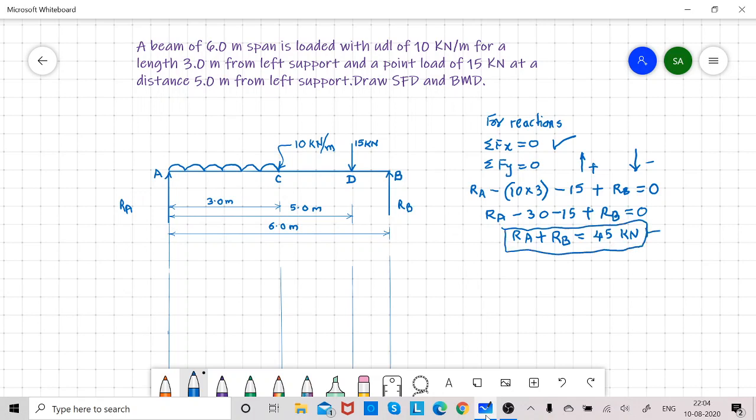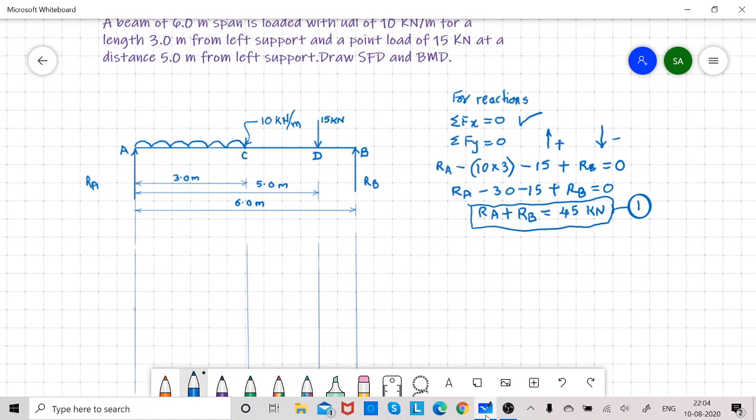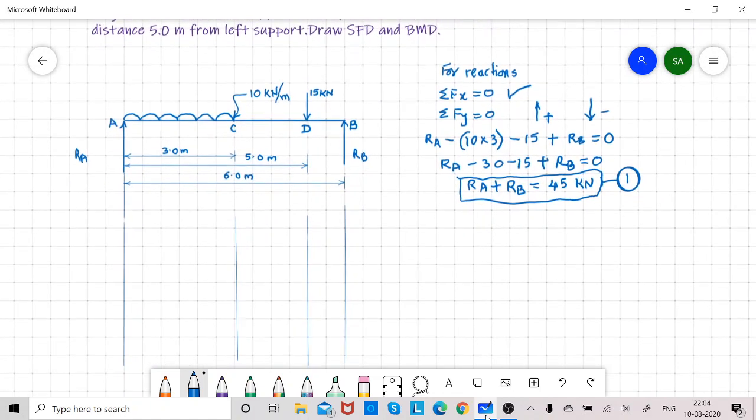Now to calculate the share of RA and RB out of 45, let us apply the third condition of equilibrium, that is sigma M is equal to 0. For that, I will consider all clockwise moment positive and all anticlockwise moment negative.